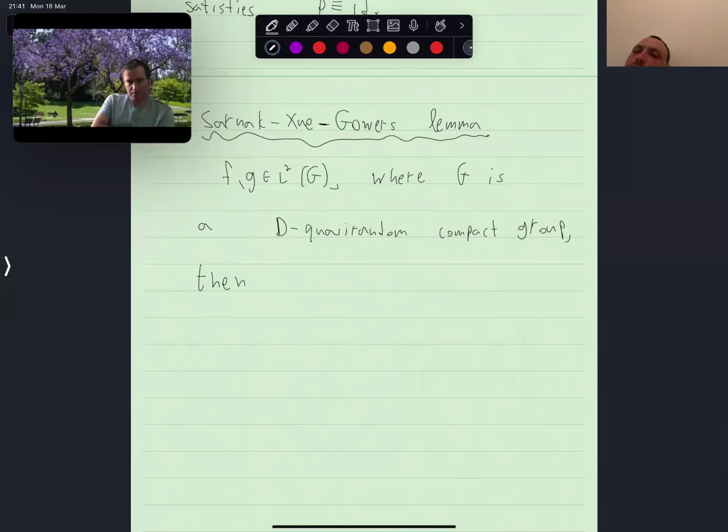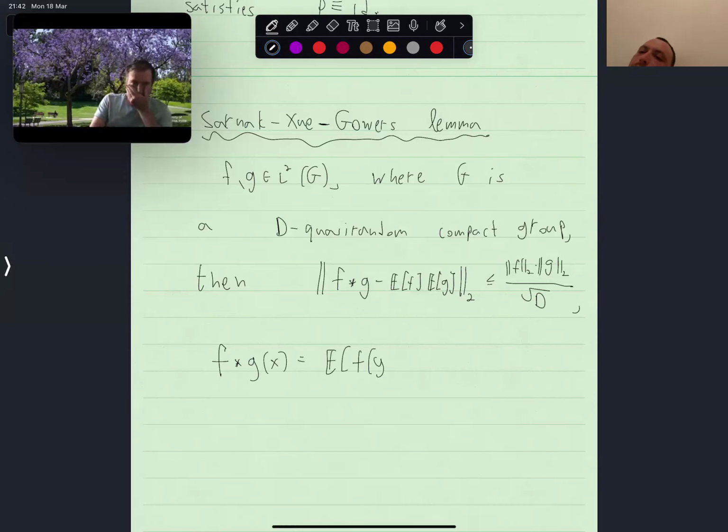Then the L2 norm of F convolution G minus the expectation of F times the expectation of G is at most the 2 norm of F times the 2 norm of G divided by root D. Okay, so I'll just say what the convolution is. F convolution G at X is the expectation of F of Y, G of Y inverse X.